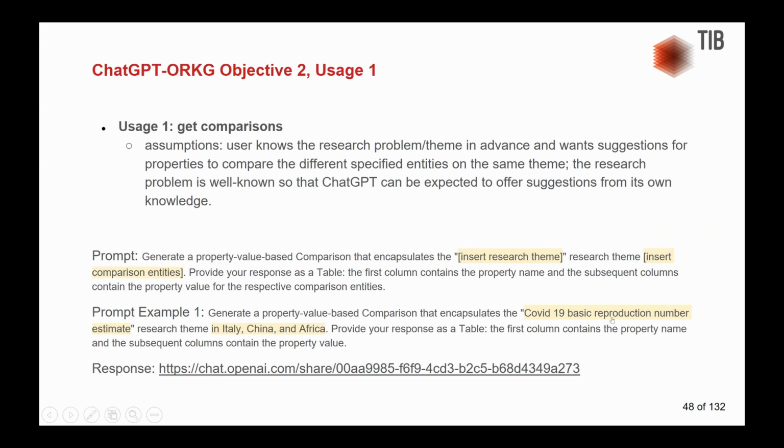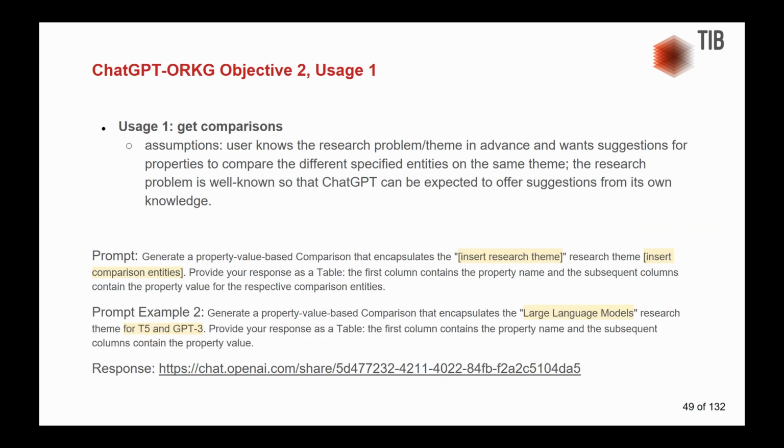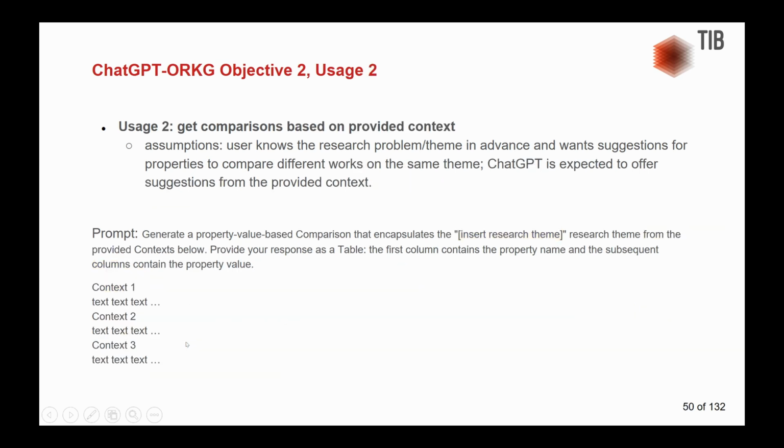As you can see, for the COVID-19 basic reproduction number, we've given entities like different locations where this can be studied, where the study has been conducted or might have been conducted, to compare this value against. Similarly, for large language models, here we are given two entities, T5 and GPT-3. So that's basically what we are providing. And again, you can extend this scenario to getting comparisons based on provided context, which is similar to the previous one.